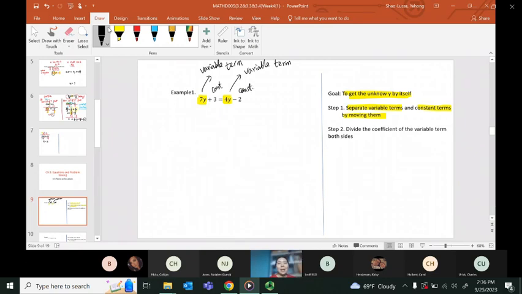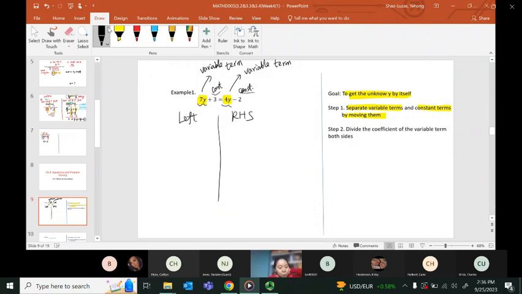Since now they're mixed together, I'm gonna move them to one side. Let's just say the left-hand side and the right-hand side. I want to keep all the y's on the left and move all the numbers to the other side. Constant means just the numbers.